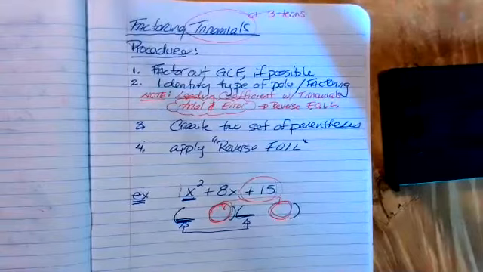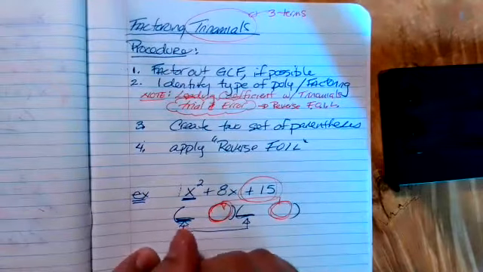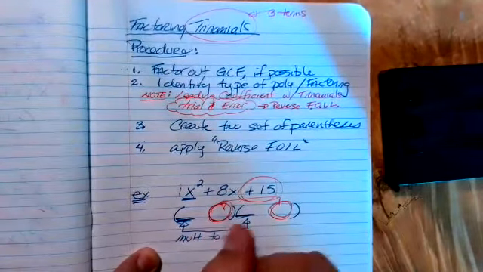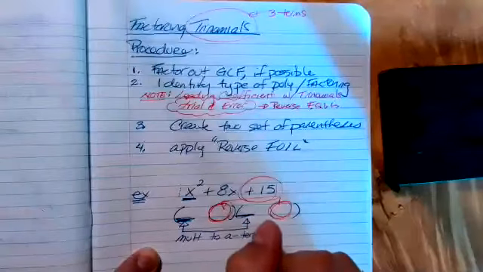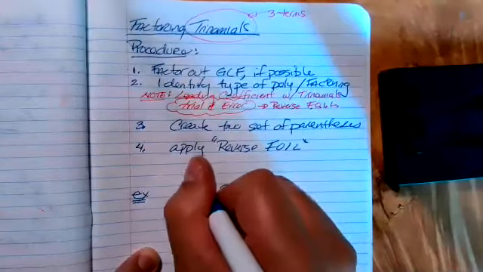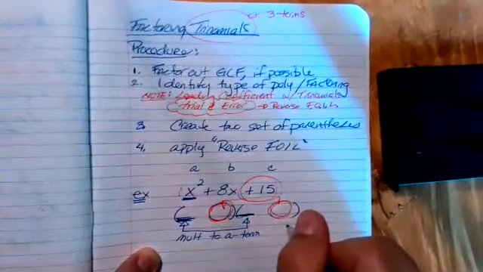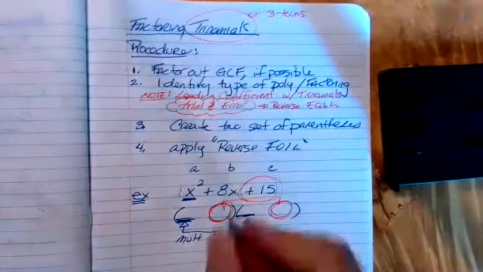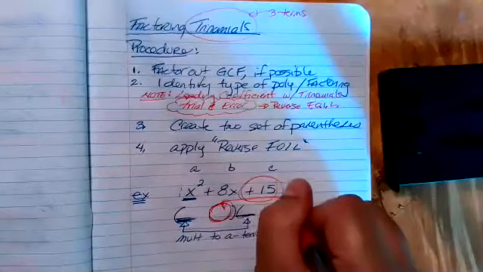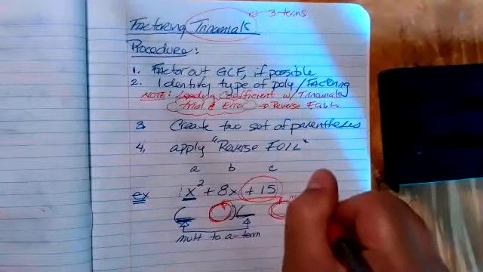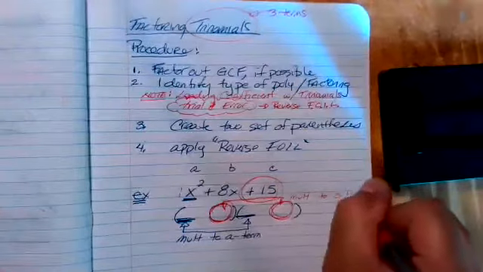So let's start with that. If we call this A, B, and C, these have to multiply to the A term, and these have to multiply to the C term.